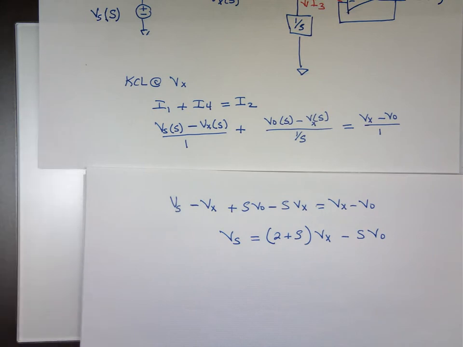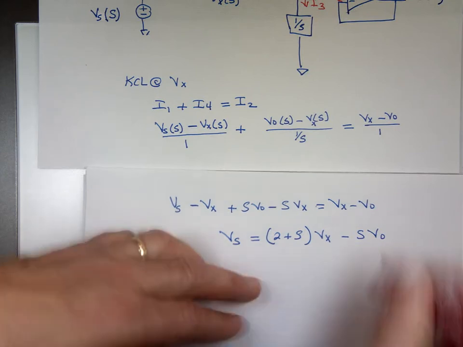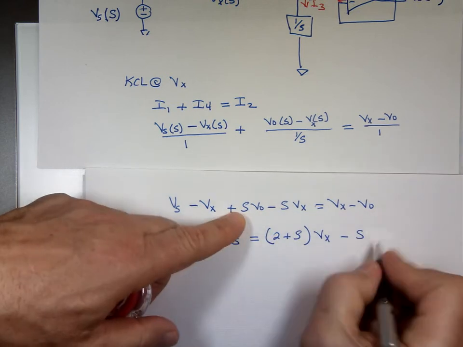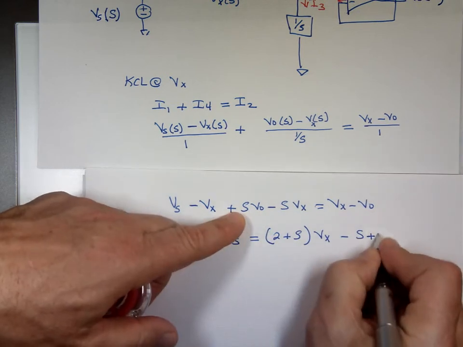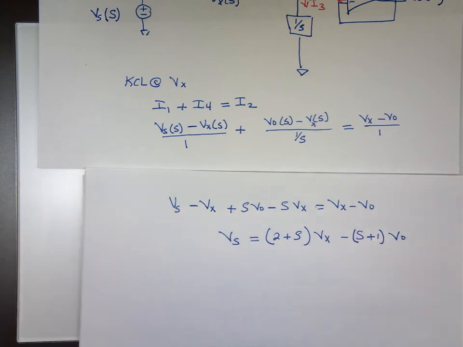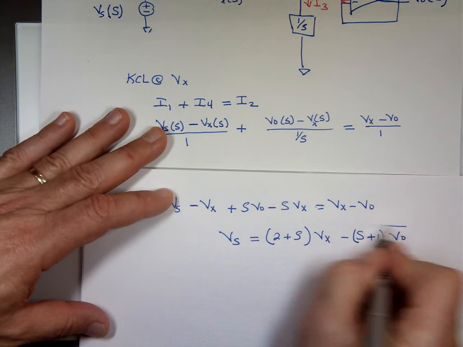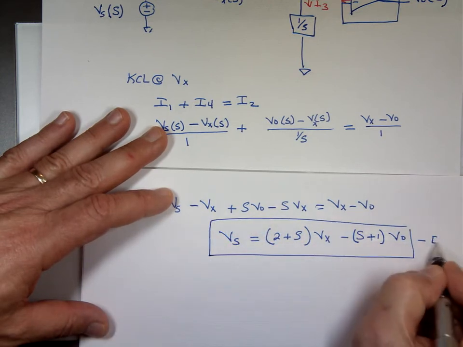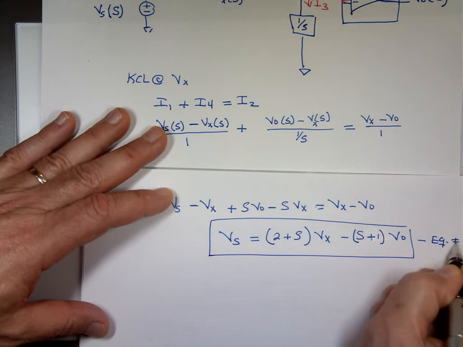I forgot the regular V out, S plus 1, because I'm factoring the minus out. That's equation 1.